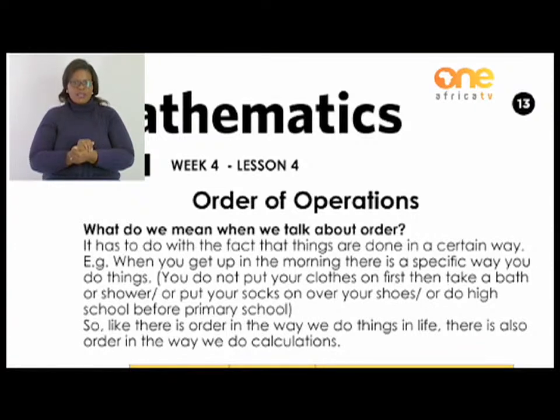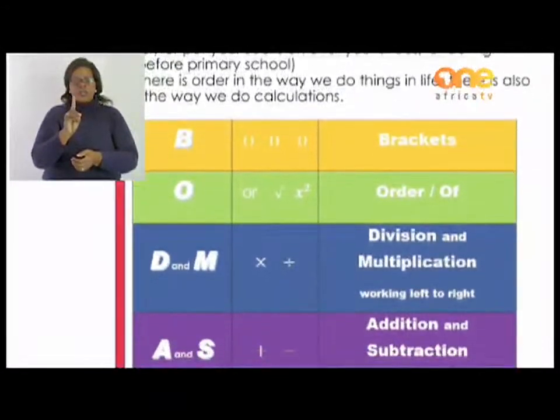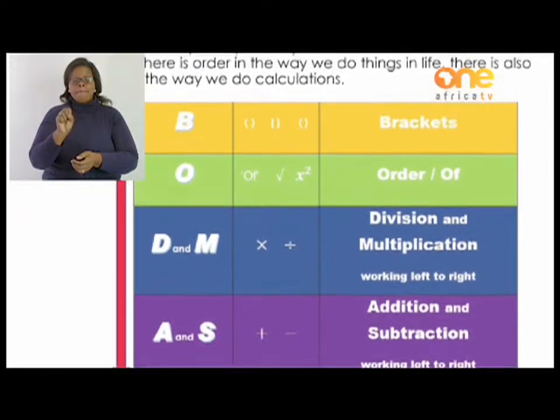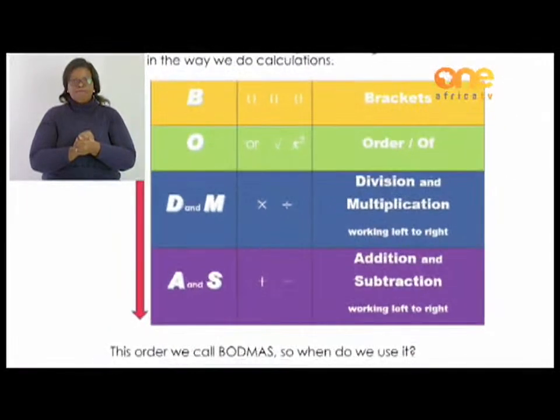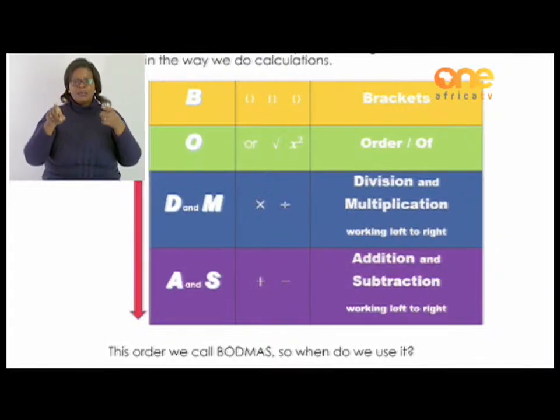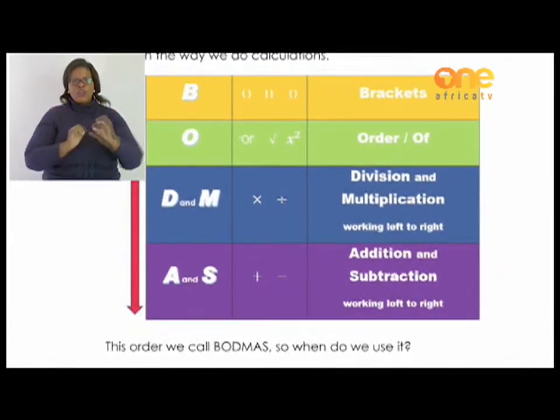Now, the order of calculations, or the order of operations, BODMAS. BODMAS is abbreviated for the following. The B in BODMAS is for brackets. The O is for order or of.